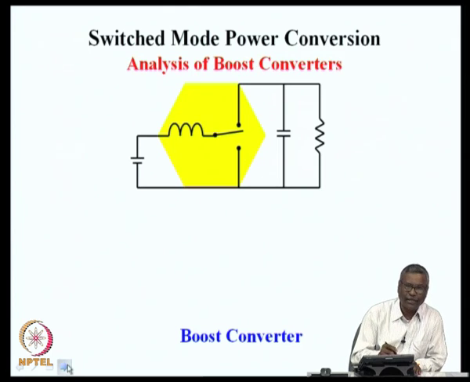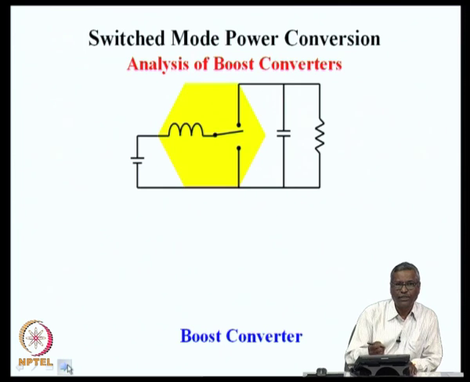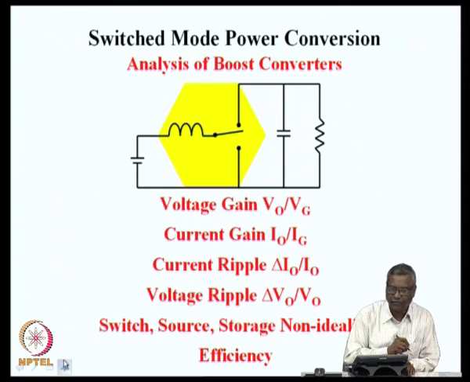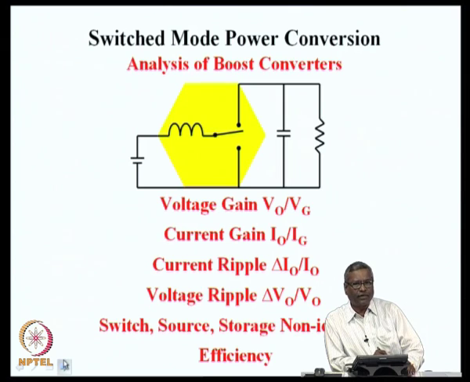The idea is to make sure that we fully internalize, we fully absorb the analysis methods for the steady state performance of any converter. The steps that we had gone through earlier are the same as the steps that we will go through now. We would like to see what is the voltage gain, V naught by Vg, that is the output voltage expressed as a ratio of the input voltage Vg, and similarly the current gain.